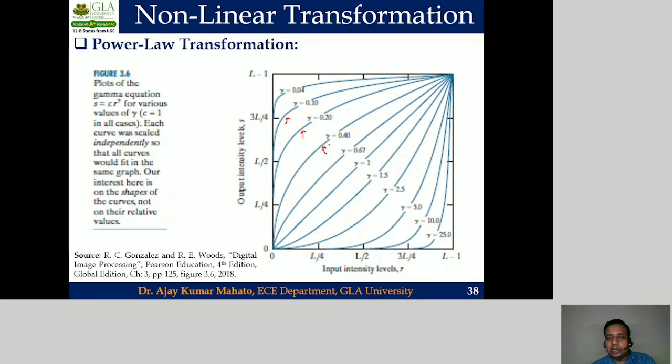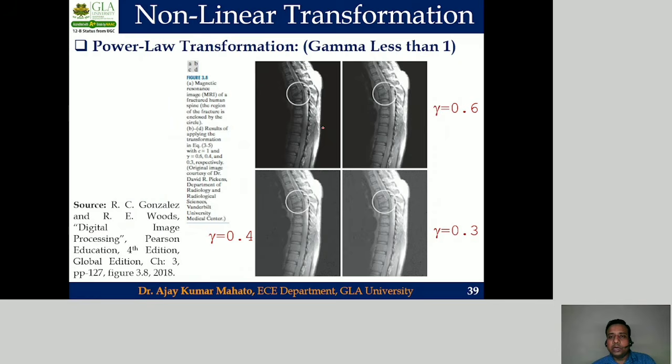As the gamma value decreases, the transformation characteristics curve shifts upward, representing that we are expanding our dark pixels more and more, and as a result we obtain a brighter image output. So the conclusion is that as the curve shifts in the up direction, our image output becomes brighter and brighter. In order to understand this, an example is given in the book.